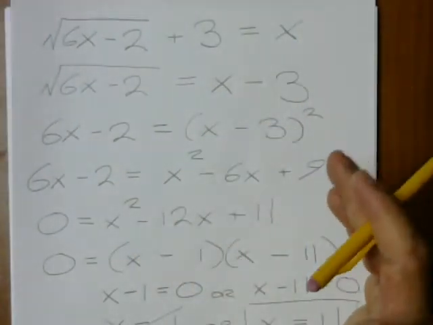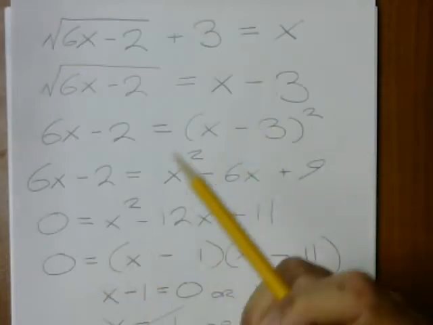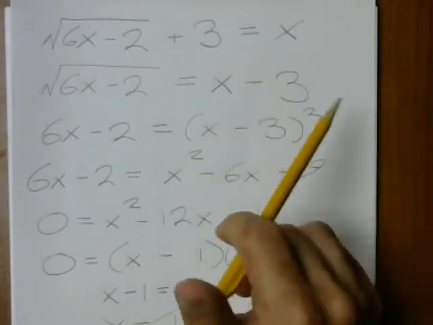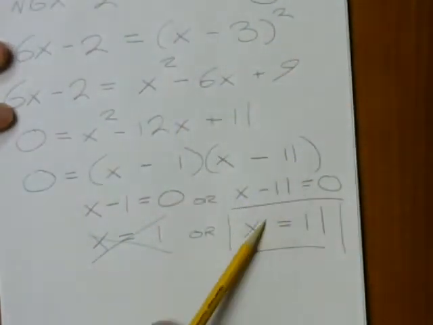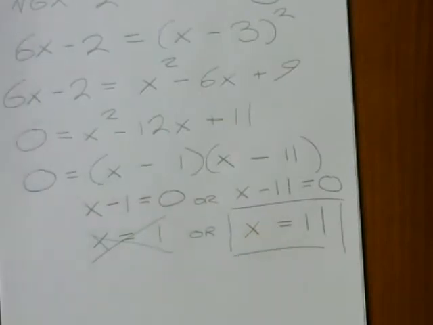And we talked a little bit about why that incorrect solution showed up. This is our only answer. But hopefully we saw a little bit about what's going on that's creating these fake answers. Let's do some more examples with radicals because there's a few other things which can come up.